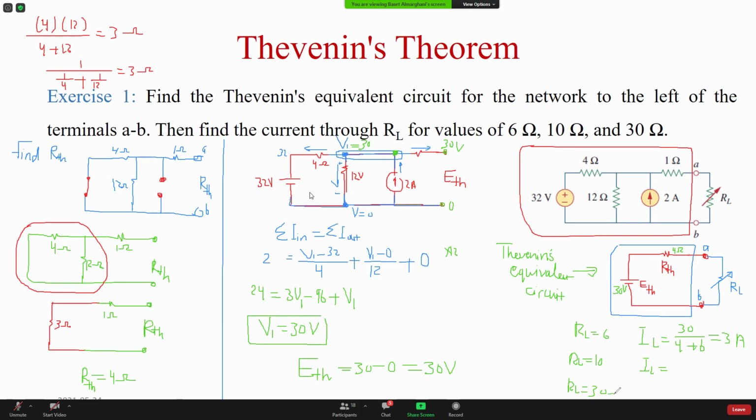So when it's 10, this is 10 and this is 4, so it's 14. And this is 30. This is like 2.14 ampere. Then you can do it for this one as well. Still 30 and 4 plus 30. This is like 0.88 or something ampere.